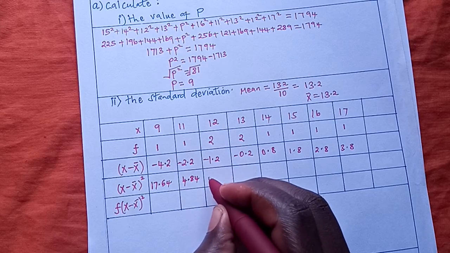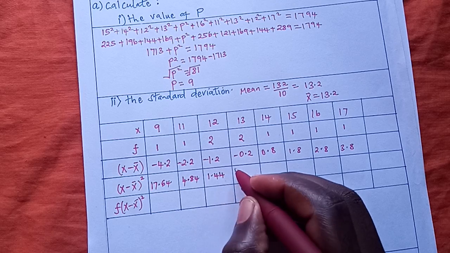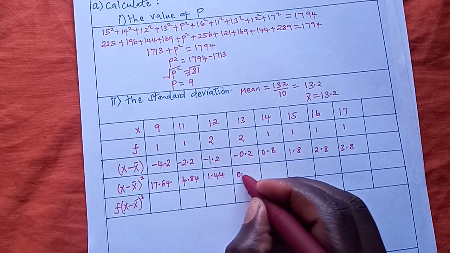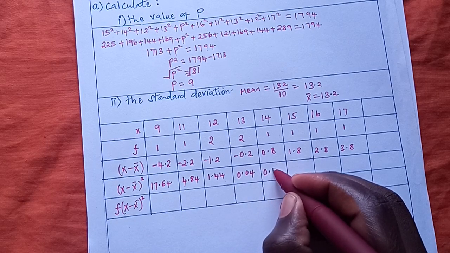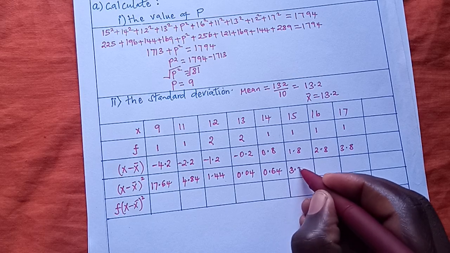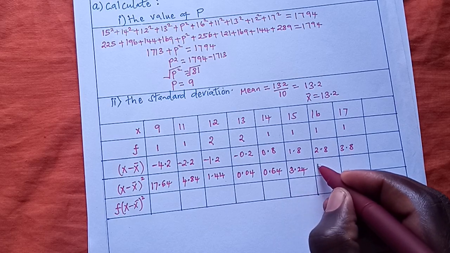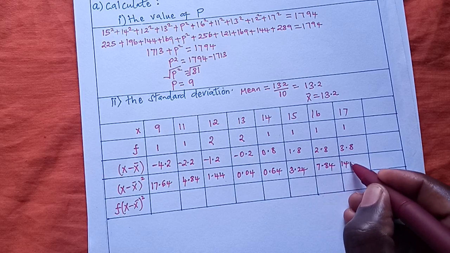Negative 1.2 will give us 1.44. Then we have 0.04, 0.64, 3.24. The next one is 7.84. We have 14.44.